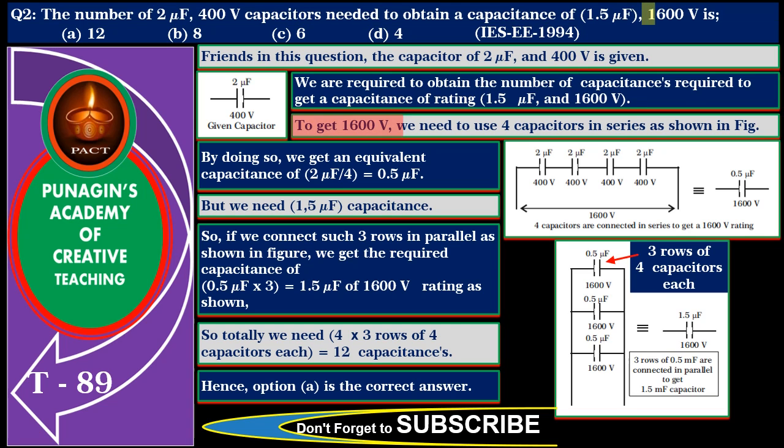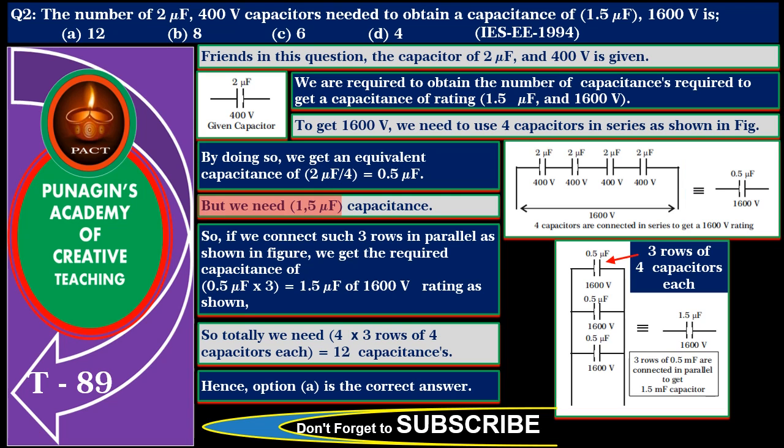To get 1600 volts, we need to use 4 capacitors in series as shown in figure. By doing so, we get an equivalent capacitance of 2 microfarad divided by 4 equal to 0.5 microfarads.